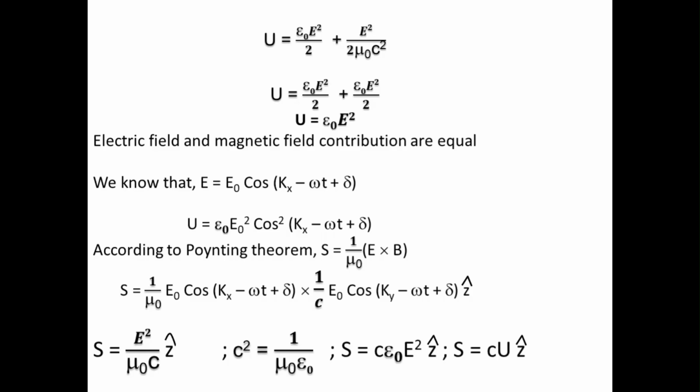In a similar way, I write kx for the electric field component: 1 upon mu naught E naught cos(kx minus omega t plus delta), cross 1 upon c E naught cos(ky minus omega t plus delta) for the y component.